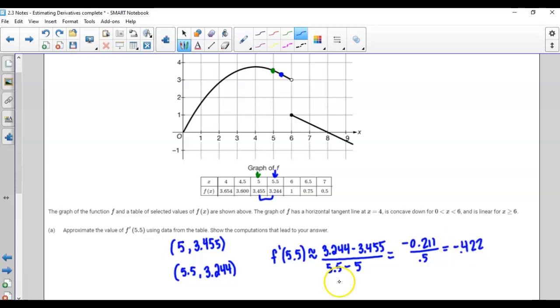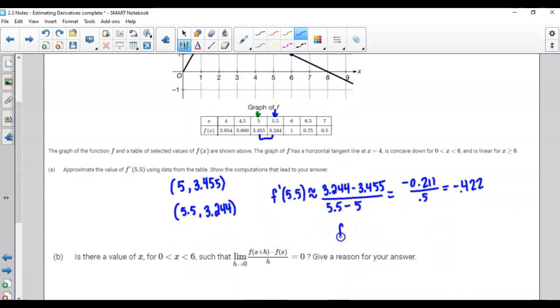So our f prime of 5.5 is approximately negative 0.422. So that is the answer for part A.